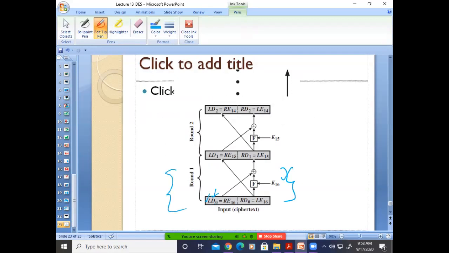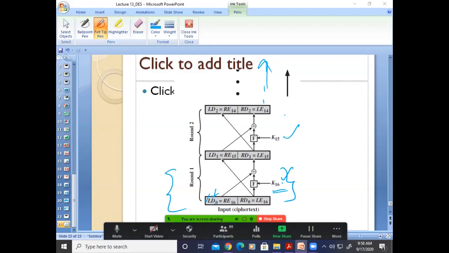First round key will be K16, second round will be K15 and so on. Same operation, inverse, but the key is the only variable here. Everything will be similar to the encryption only.